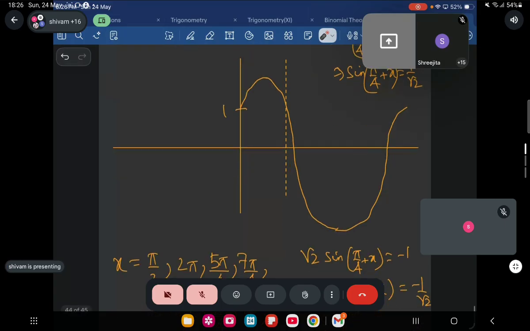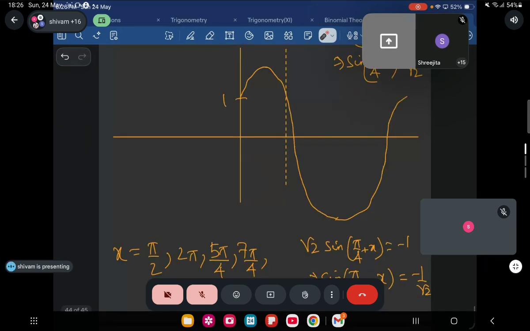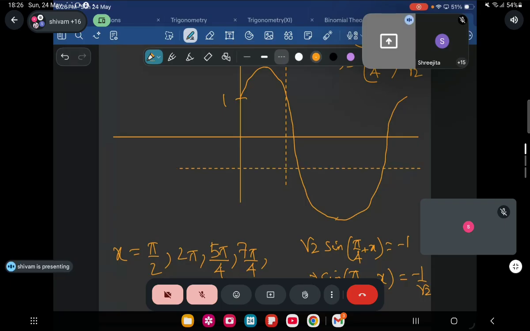Achha, at 0 also it will break. 0 I didn't consider. I'll consider 0.